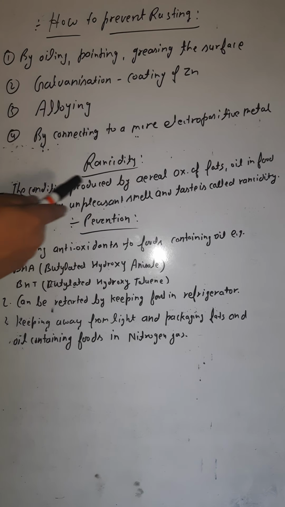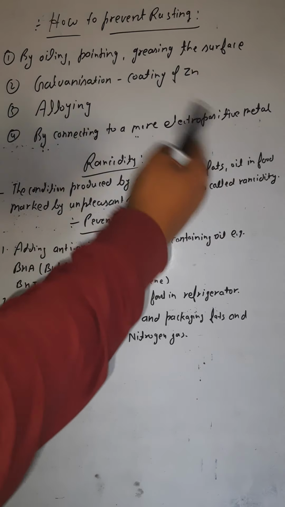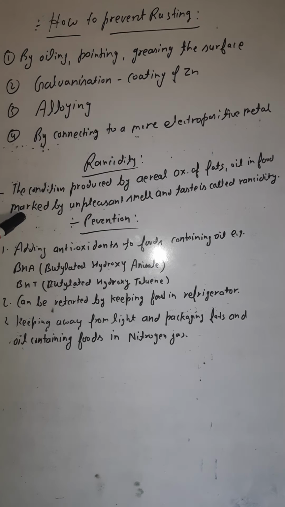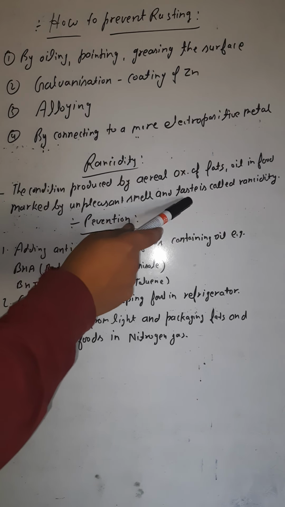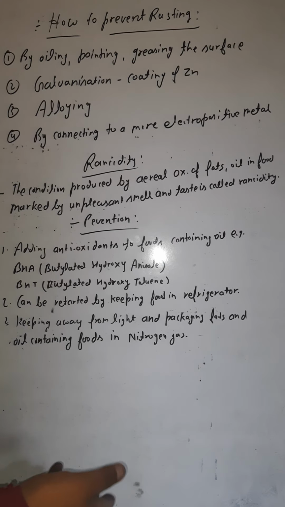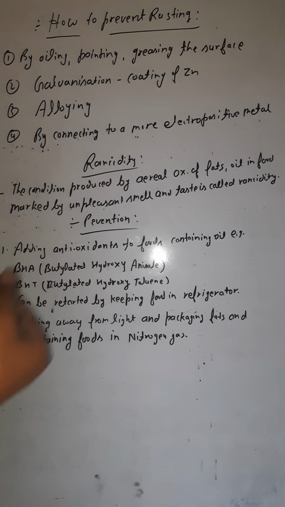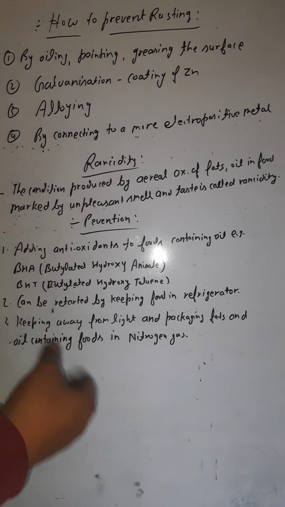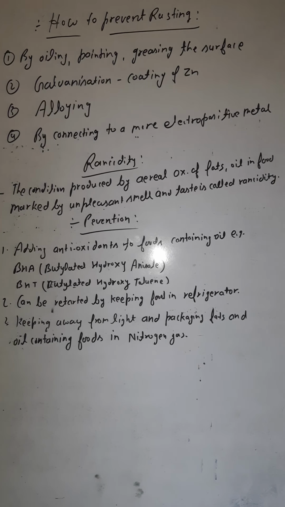Simply, the condition produced by aerial oxidation, meaning oxidation from the air, of fats and oil in food, marked by an unpleasant smell and taste, is called rancidity. If you keep food in air and the food has oil, the fat in the oil reacts with the oxygen in the air, and your food gets spoiled. That is called rancidity. Then you have an unpleasant smell, and the taste is also different.